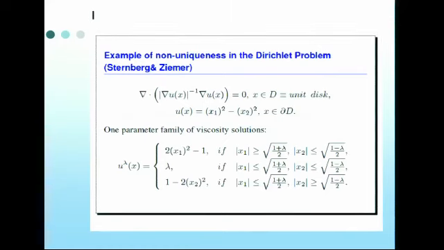And so the first disappointment is this example, which comes from Sternberg and Ziemer. They looked at the problem with magnitude J is 1, which is a problem that was studied quite a bit in the theory of minimal surfaces. I will come back to this in a moment. And what they showed, now this is, as I said, a degenerate equation.